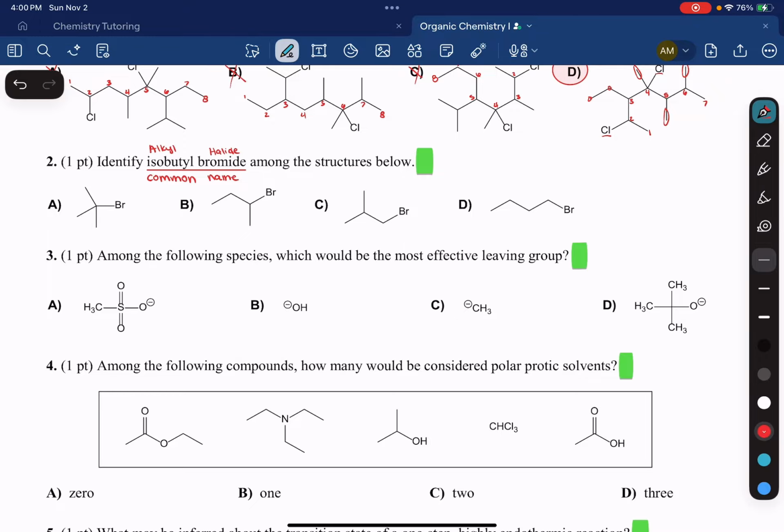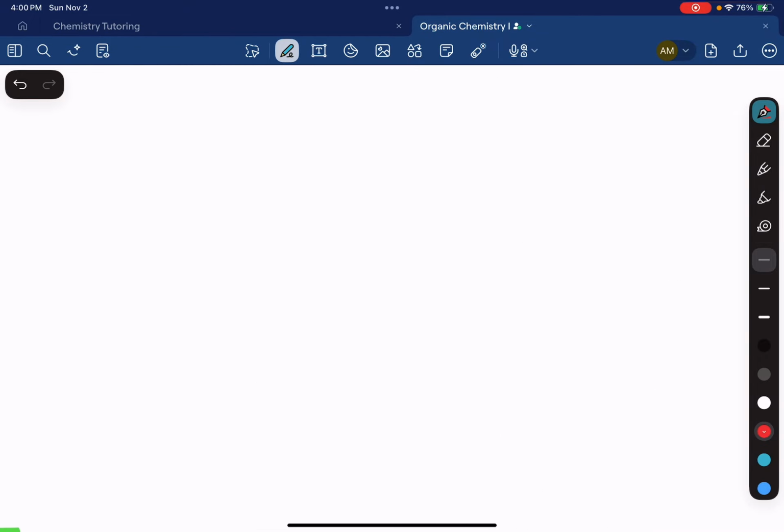Okay. So I'm going to draw them over here for us. We've got butane. 1, 2, 3, 4 carbons. And then it'll be connected to something else. That doesn't really matter though. This is the random connection.